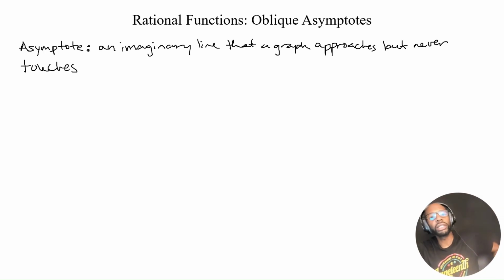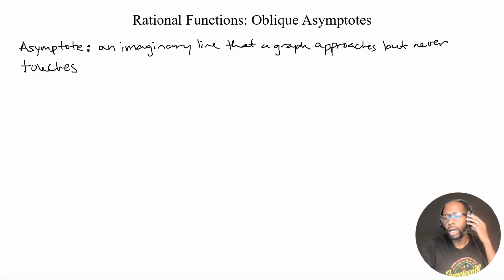Now, in a previous rational functions video, I talked about vertical and horizontal asymptotes, but in this video, we're going to talk about oblique asymptotes.